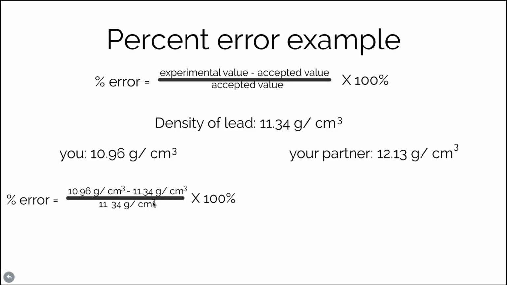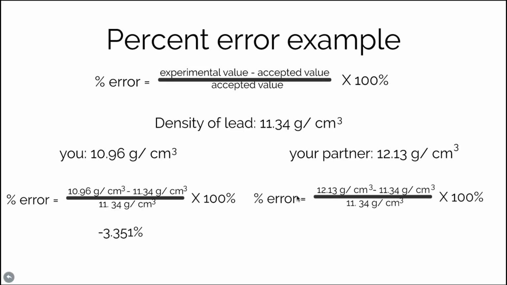You divide that by that same number, 11.34 grams per cubic centimeter, and you multiply by 100 to get in a percent form. The answer they get is negative 3.351%, which means that you were 3.351% under your target.